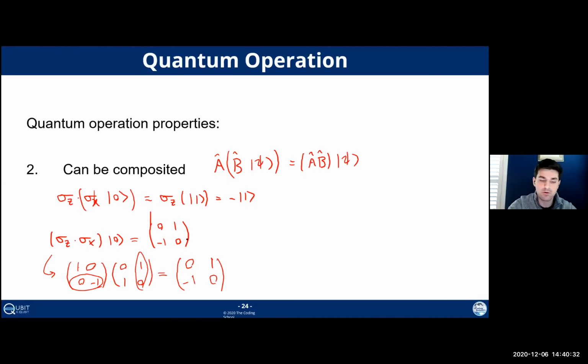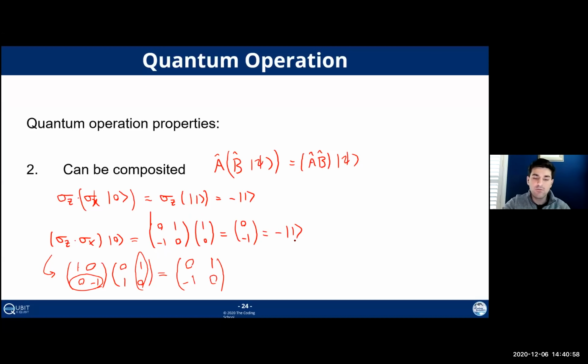This is a new operation. And then I'm just going to multiply it by the vector for my 0 state, which is 1, 0. And the result is going to be, okay, 1 times 0, 0 times 1, so the top entry is 0, and the bottom entry is 1 times negative 1, 0 times 0, so a negative 1 here, which gives me a negative 1 state. So this is a sanity check.